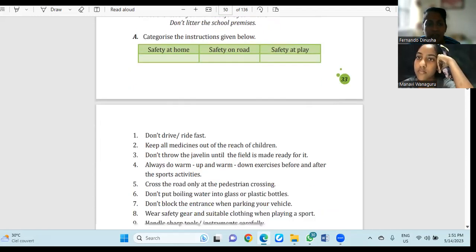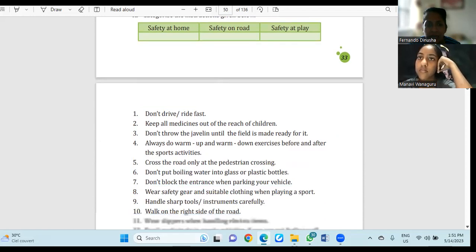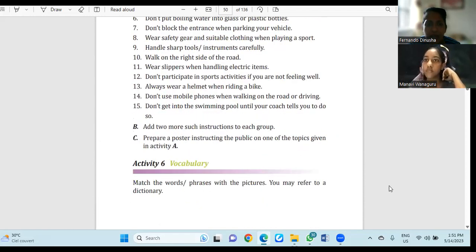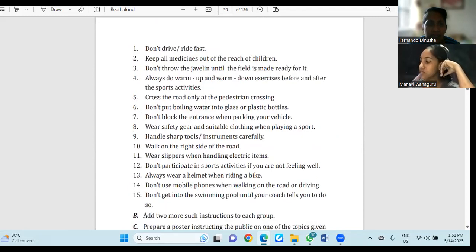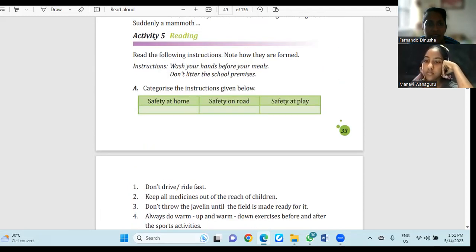Now here you are given a list, from 1 up to 15, so you can categorize all these statements according to the table. In the table, what will come under safety at home, safety on the road, and safety at play? Just write the topic and then write the sentence under the topic.